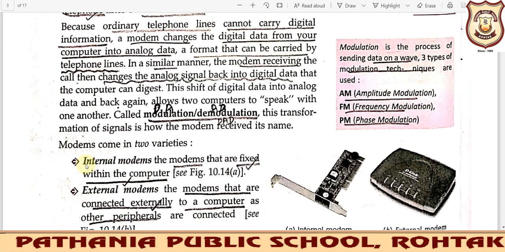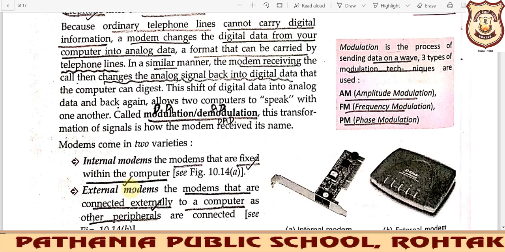Next is the types of modems. Modems are very essential whenever we need to get connected with the internet. We must have a modem connected to our system. There are two types of modem: one is the internal modem, the second is the external modem. An internal modem is fixed inside the computer.